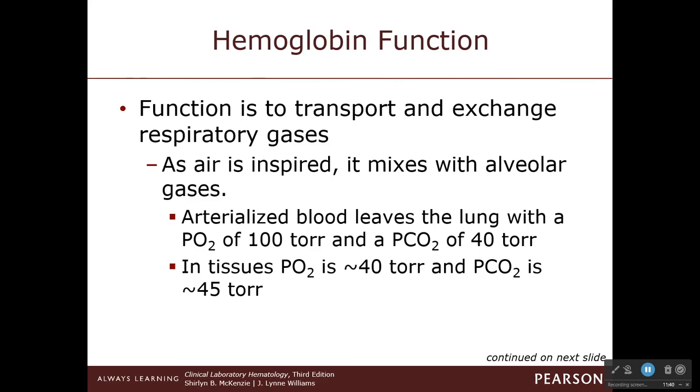Let me make sure before I tell you this. Yeah, BPG. 2,3-BPG. Okay, so think back to when we were talking about cellular respiration.